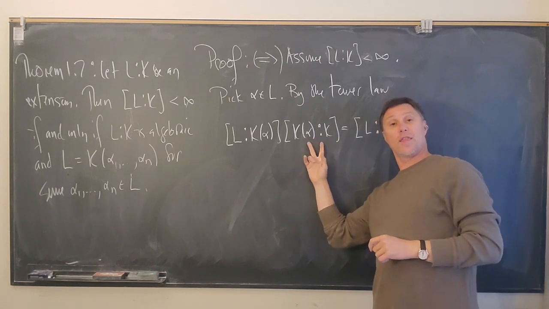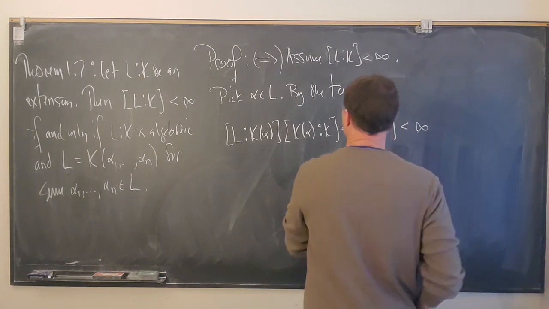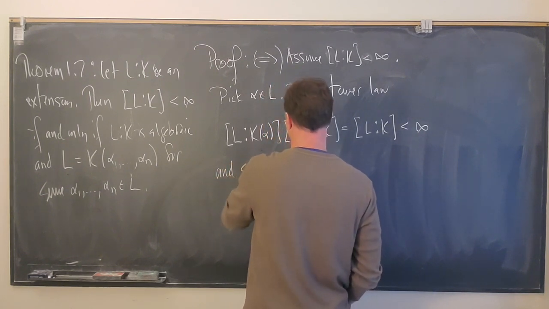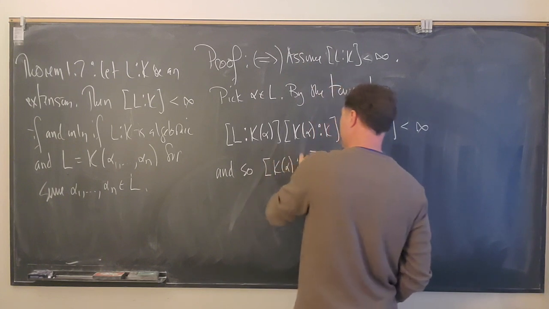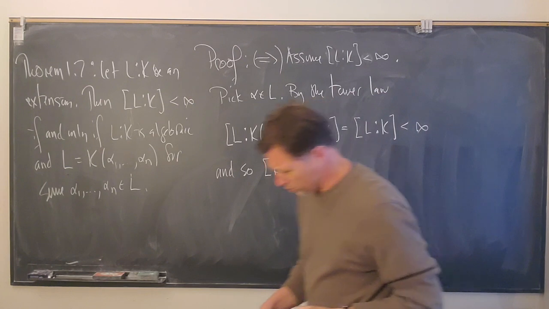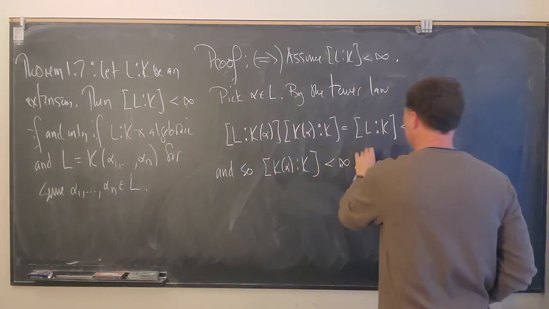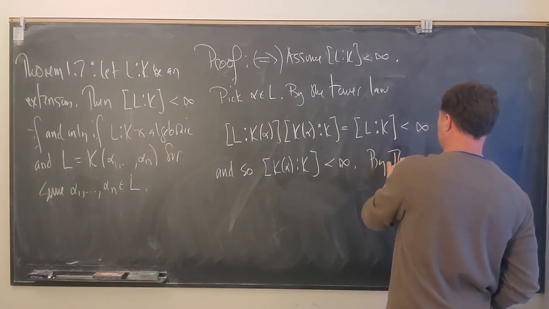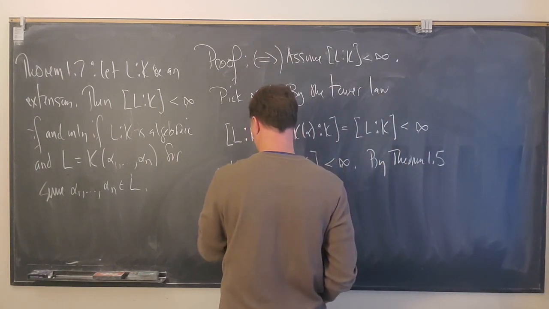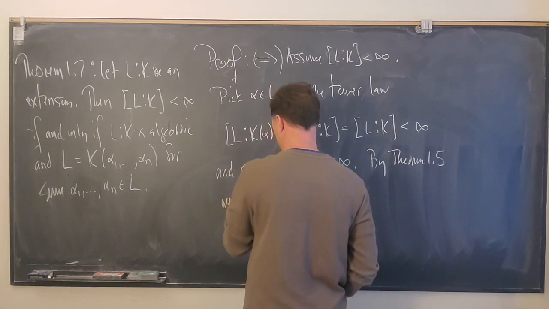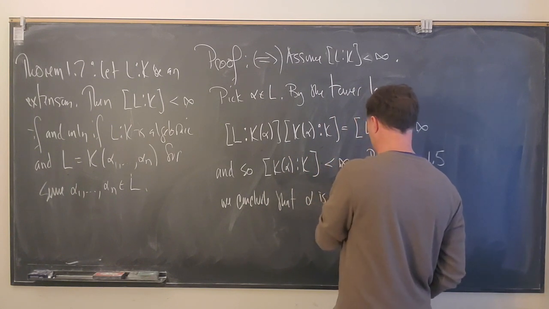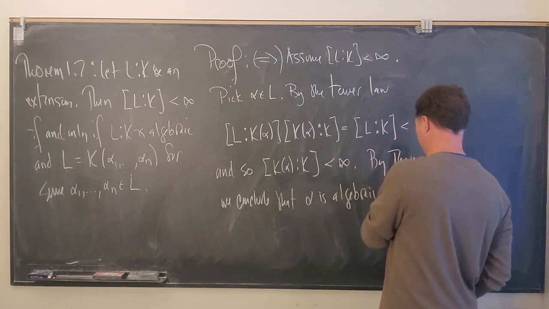In particular, K adjoin alpha over K is finite. And then by a previous theorem, theorem 1.5, we conclude that alpha is algebraic over K.